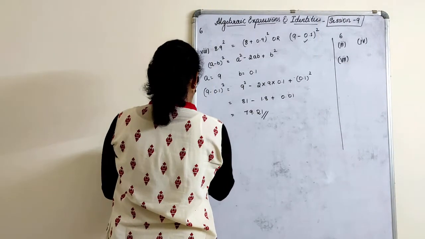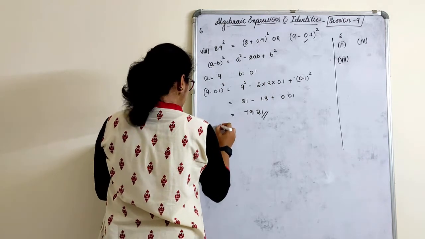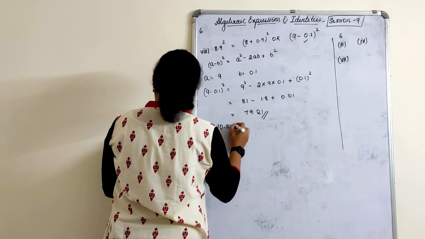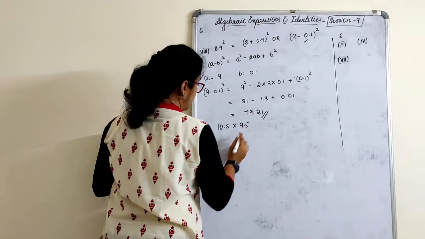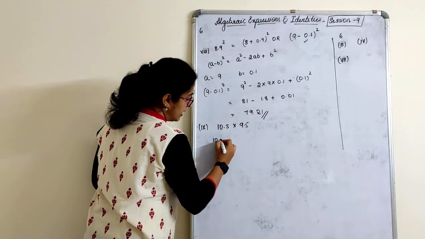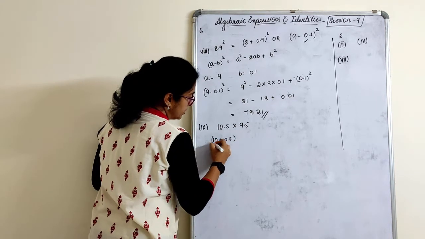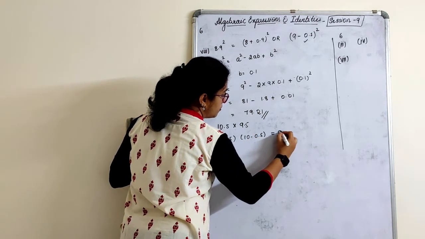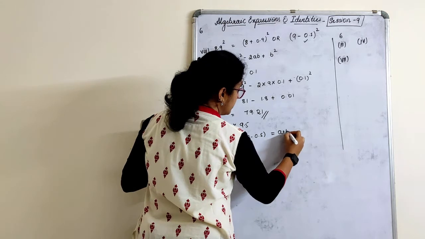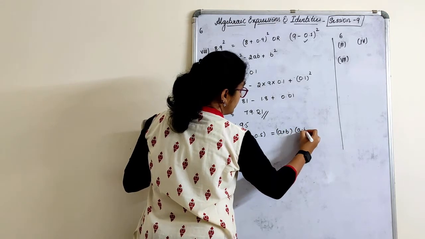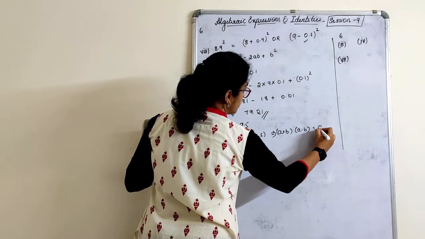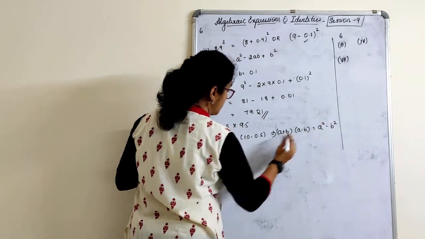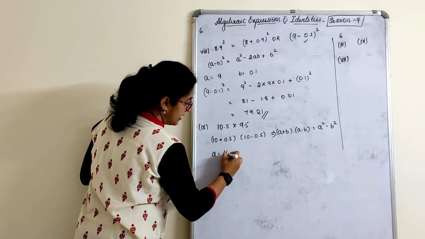We'll start the ninth one. 10.5 into 9.5. This is written as 10 plus 0.5 and 10 minus 0.5. This is of the form a plus b of a minus b, that is a square minus b square. What is your a? 10.